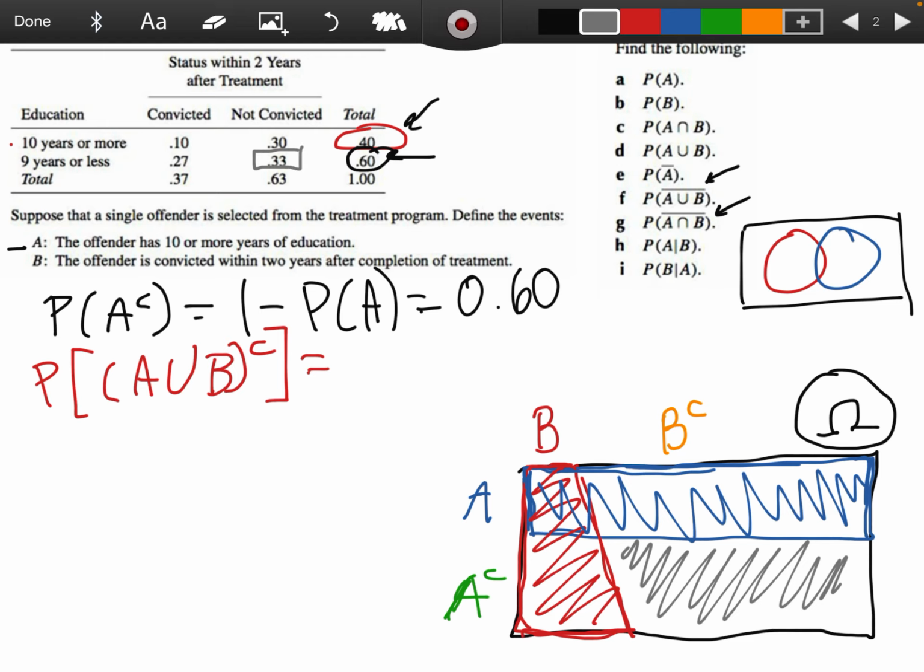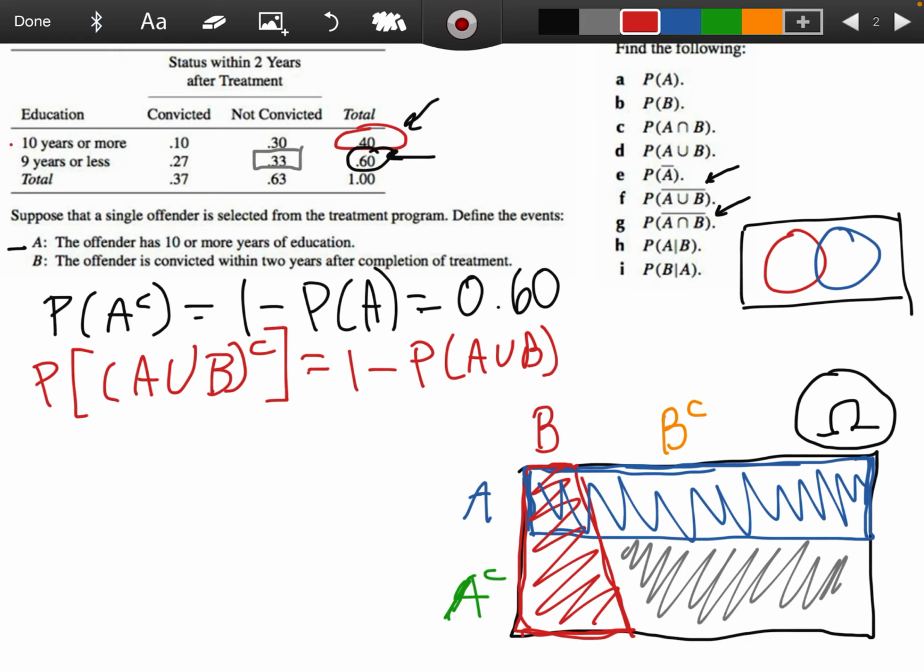But again, I'm gonna use the rules and see if we get the same calculation. So we know that the probability of the complement of A union B is 1 minus the probability of A union B, using that theorem 1 again.